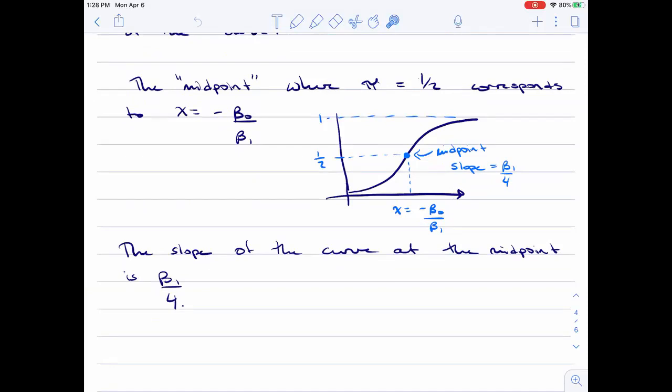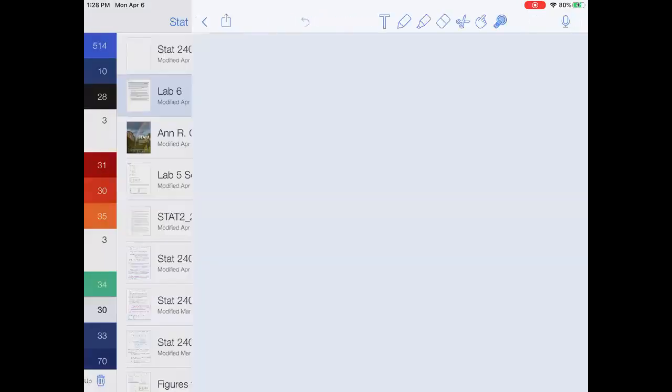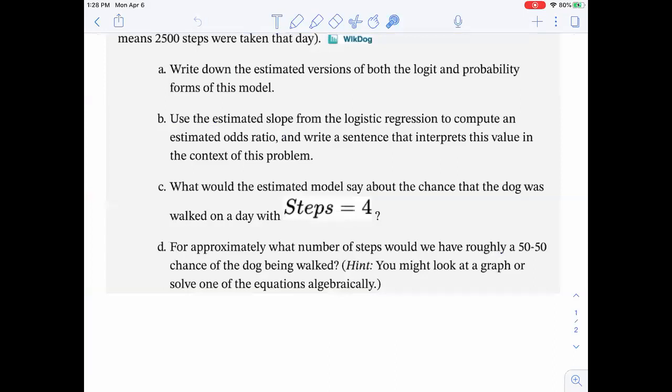The slope of the curve at the midpoint is beta 1 over 4. That's just an extra thing that you might not really need, because that's just the rate of change at that point, at the midpoint. But here, we want to know for approximately what number of steps, which is x, would we have a roughly 50-50 chance of the dog being walked.